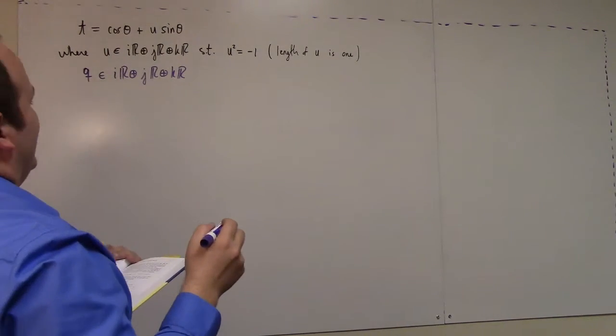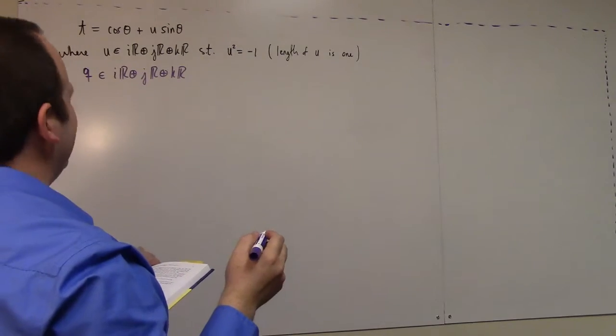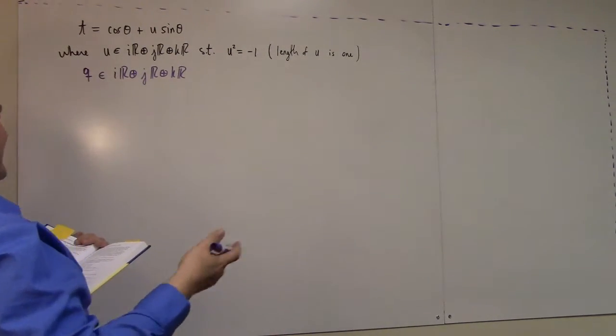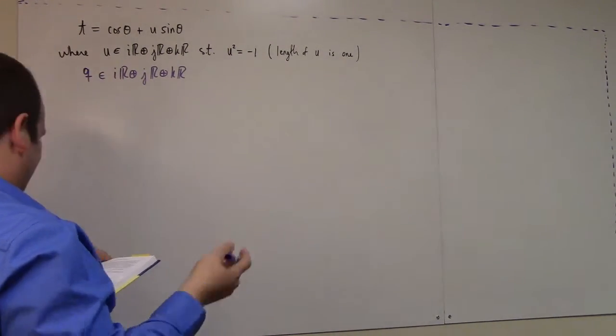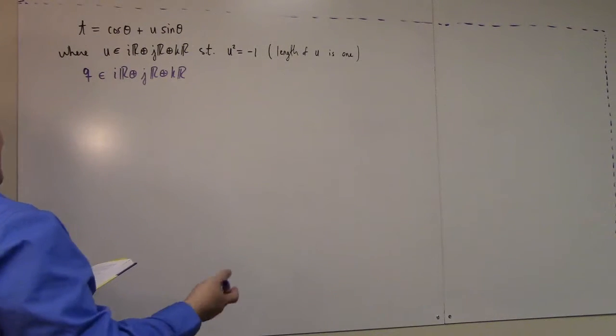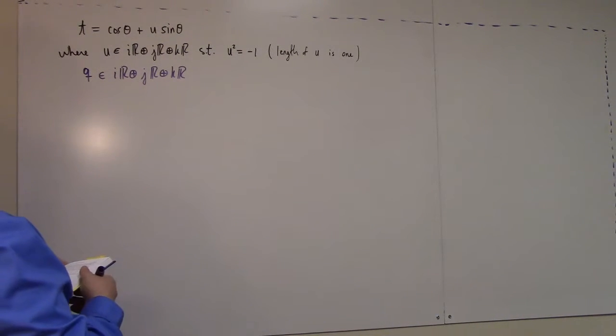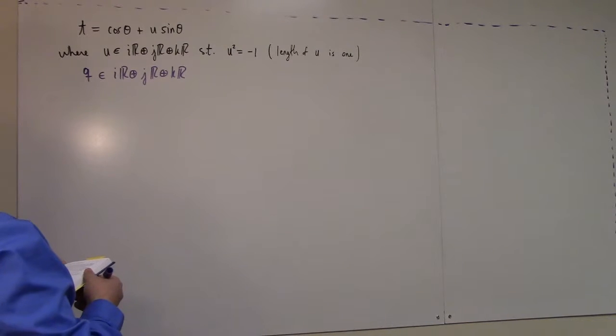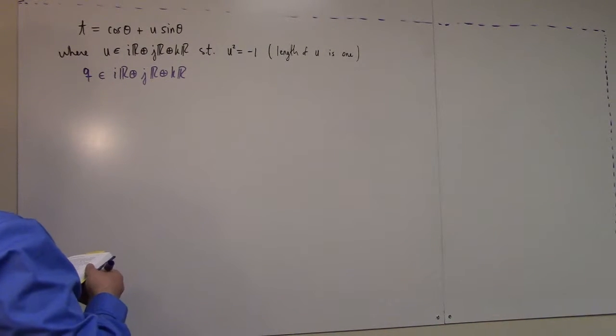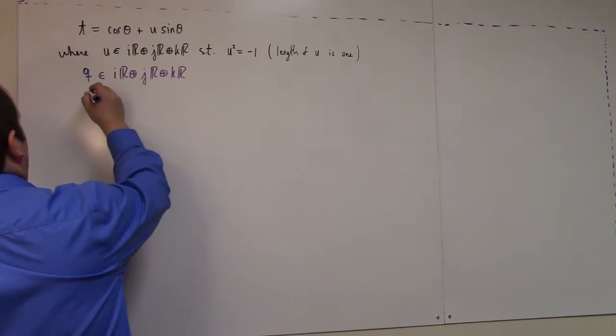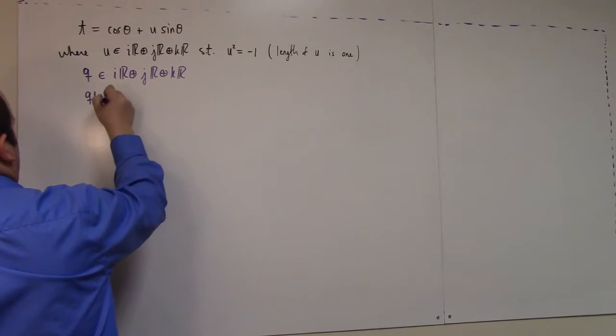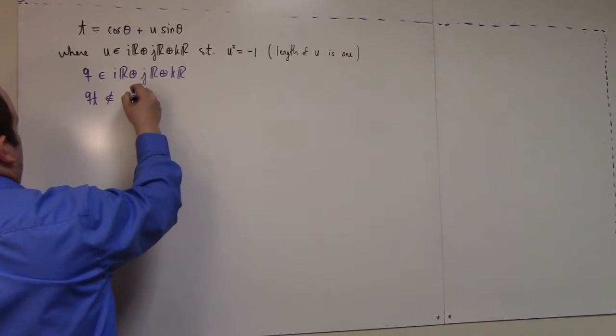It's the R3 inside R4, where R4 is the quaternions that we're interested in. Anyway, QT is not generally an element of this space again.